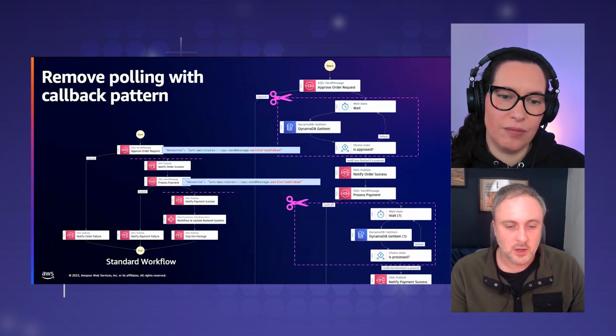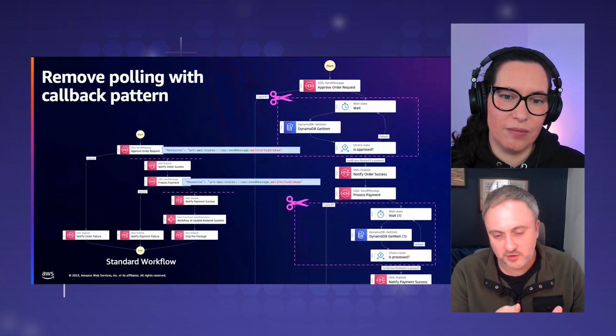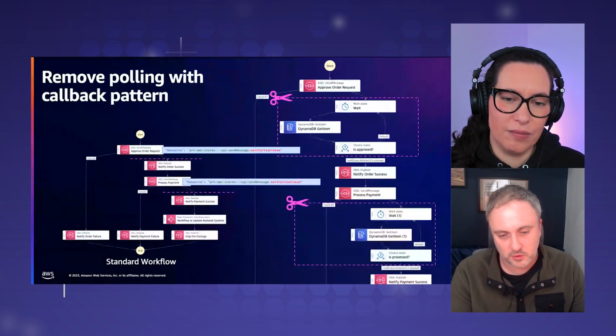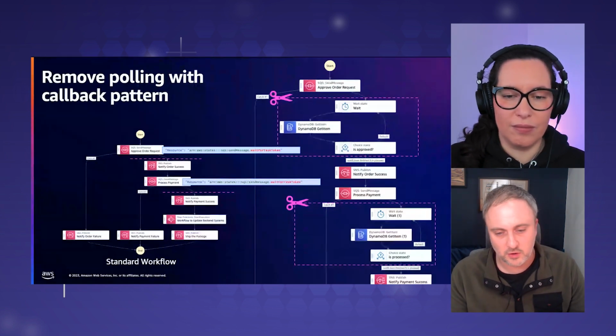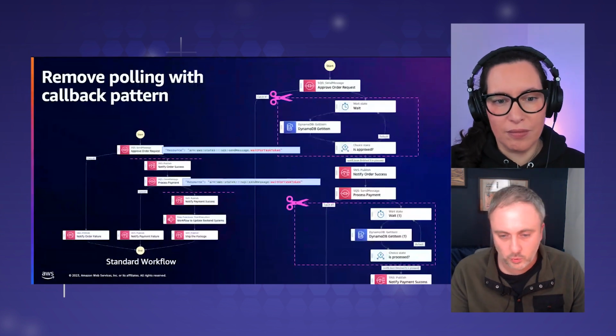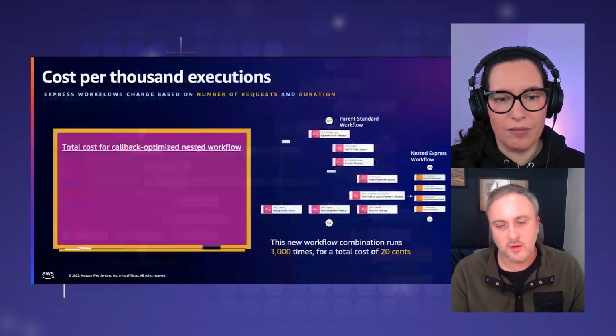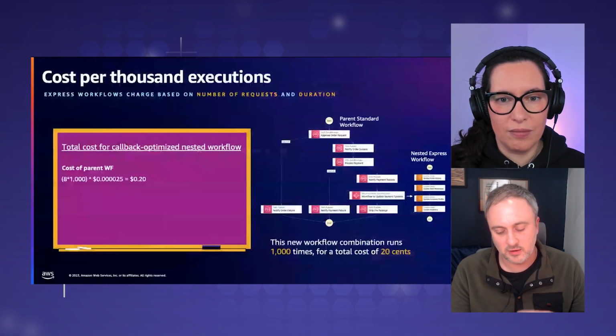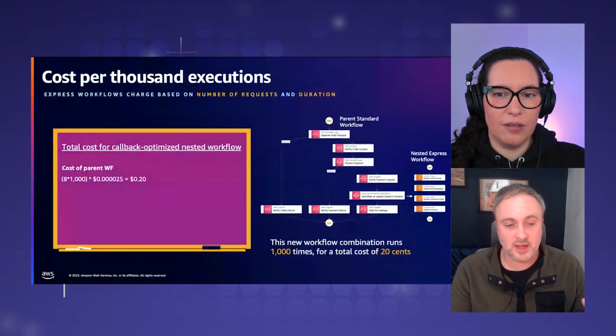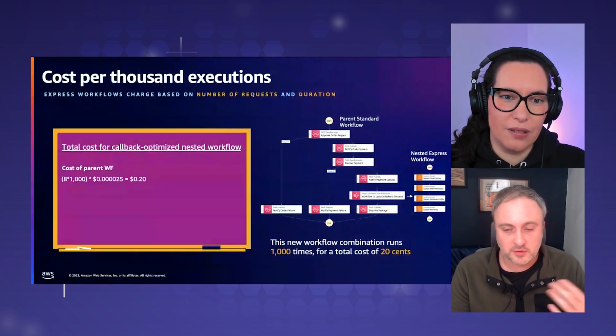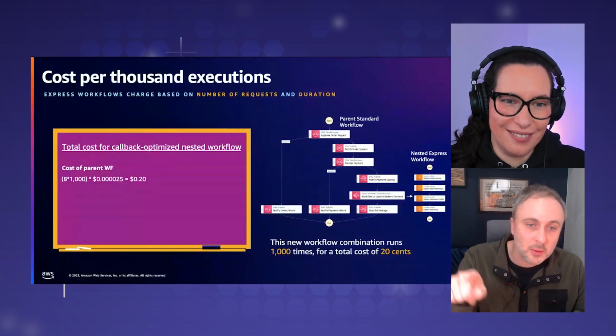Along with that message onto the SQS queue goes this unique task token, and we store that task token, and we use it to call back to the workflow when the asynchronous process is ready and complete.